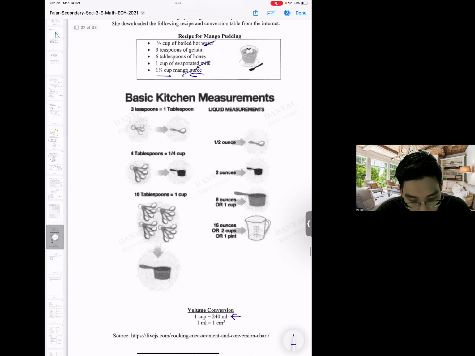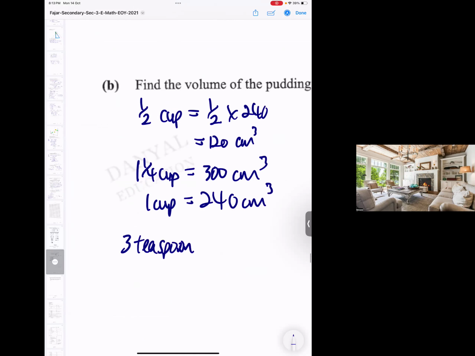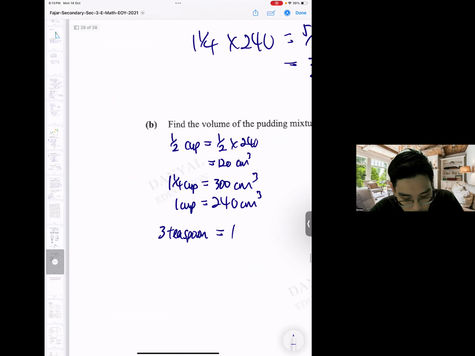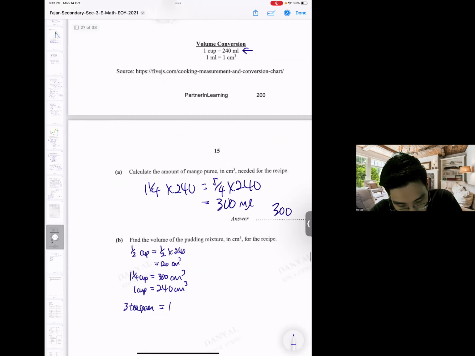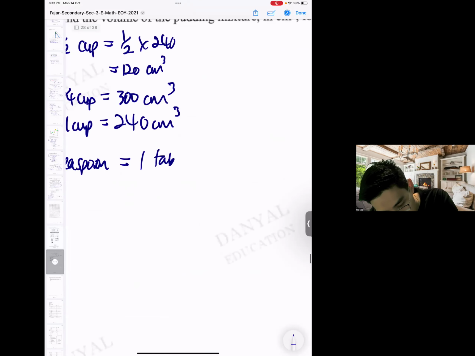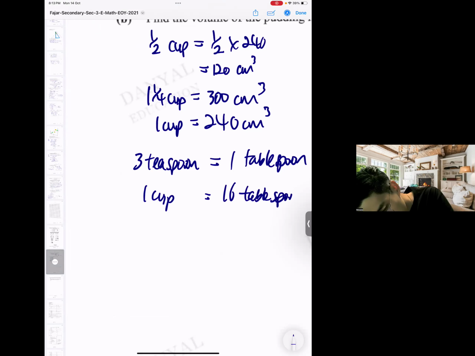We got 3 teaspoons, which equals to 1 tablespoon. And then 1 cup equals 16 tablespoons.